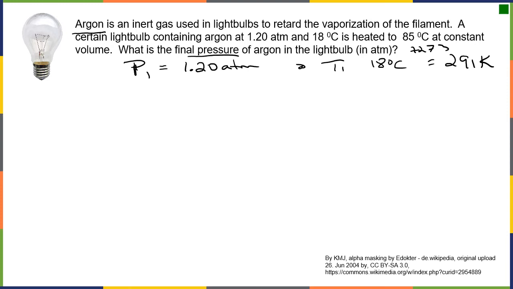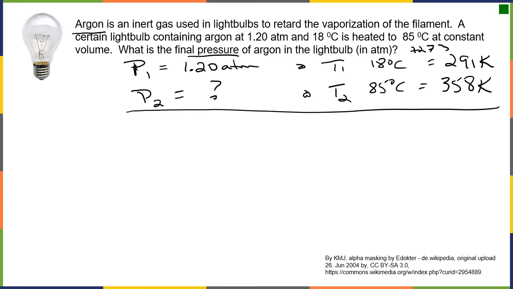We want to know the final pressure, that's P2, when our temperature is heated up and our gas bulb is hot, at 85 degrees Celsius. If we add 273, we get 358 kelvins. Then we find the right law, the one that relates P and T, which tells us that P1 over T1 is equal to P2 over T2.